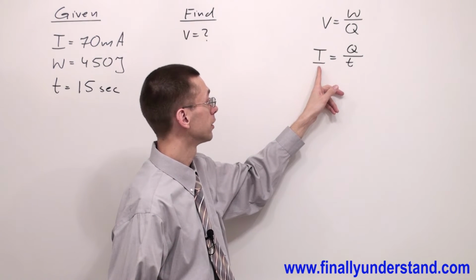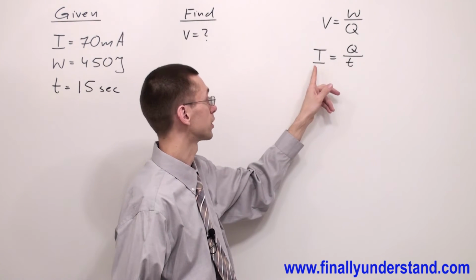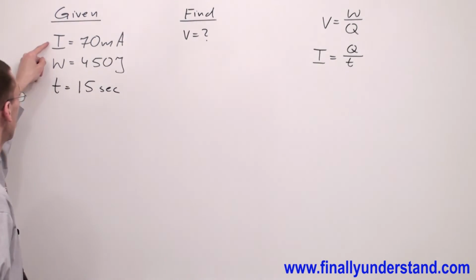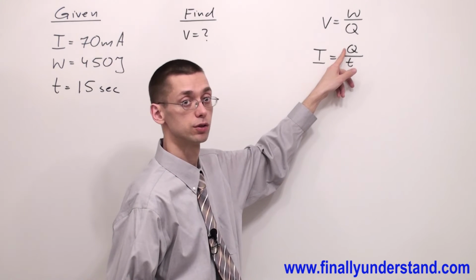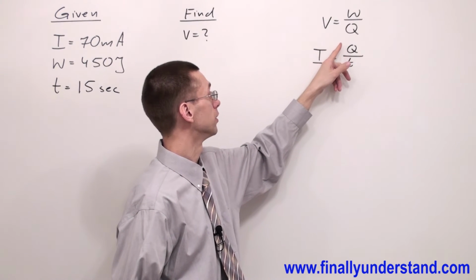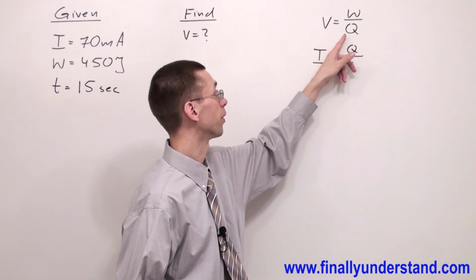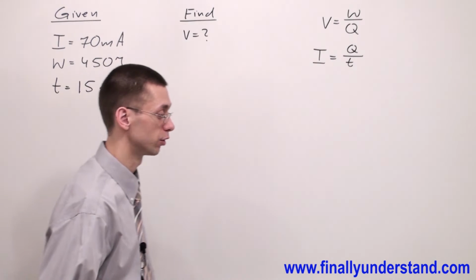The second one is going to help me find the charge, because current and time are given. From this formula I'm going to find the charge, and the value I get I'm going to plug into the first formula, and I'm going to have my voltage.